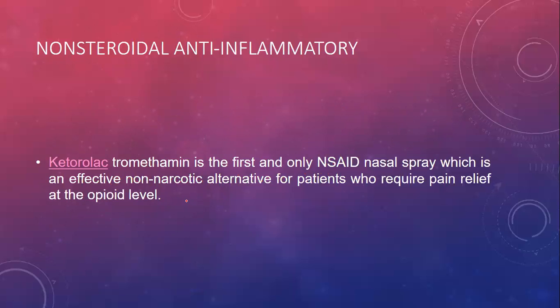We can use many forms of opioid analgesics to get relief from various kinds of pain, but the only NSAID nasal spray available to deliver the same effect, which means relief from pain, is ketorolac tromethamine. It is the first and only NSAID available in the form of a nasal spray to get relief from pain.